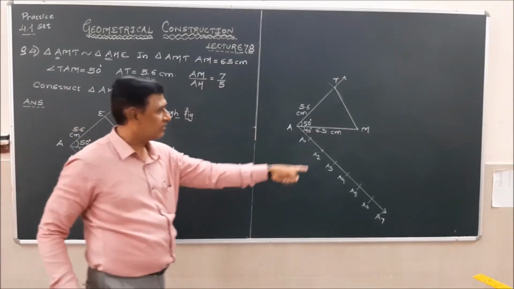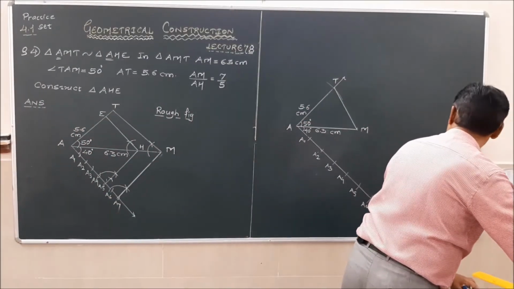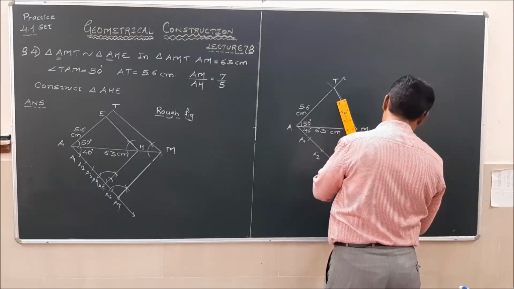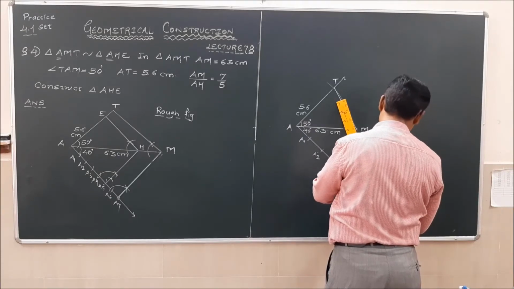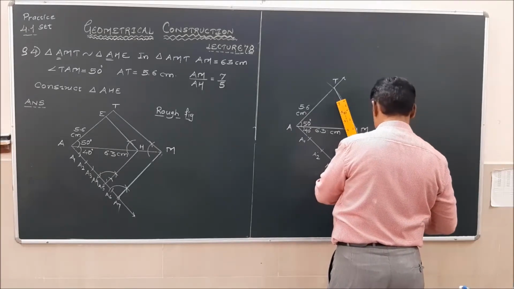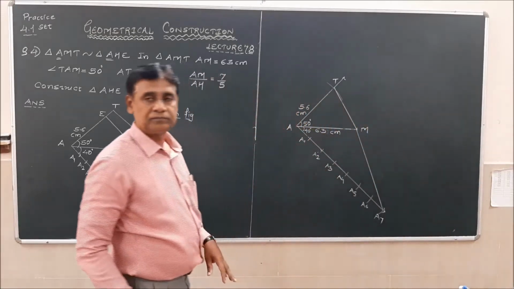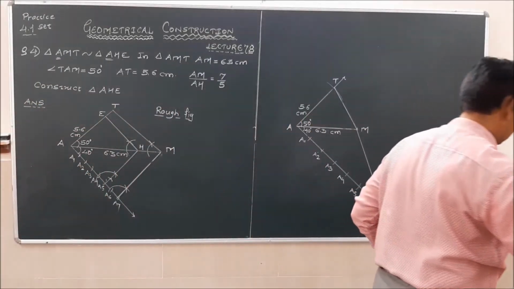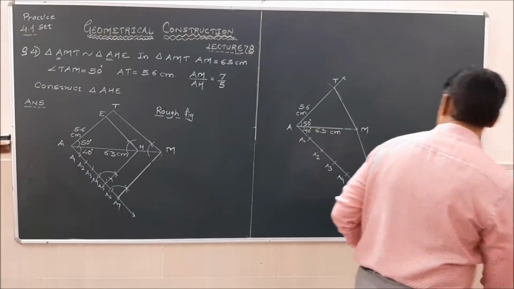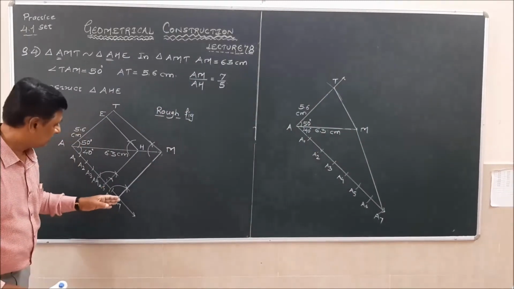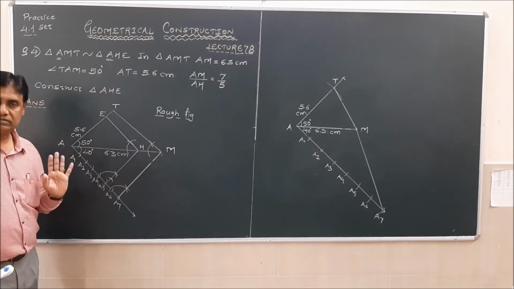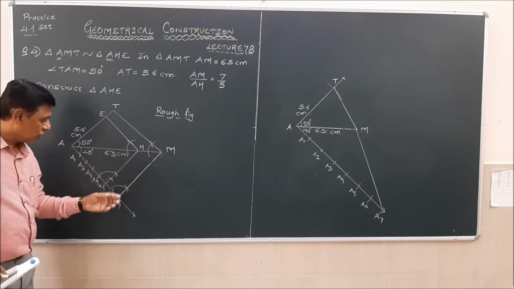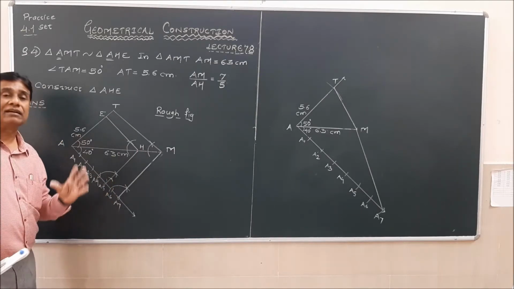So A7 I will join with M. Now I am going to draw this parallel to this, so this angle and this angle are congruent.